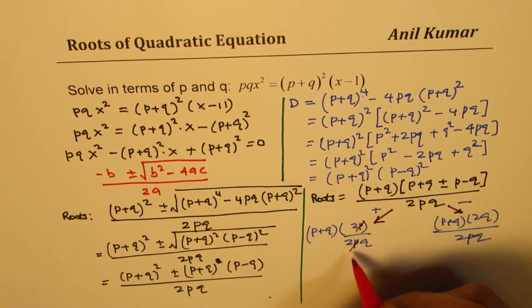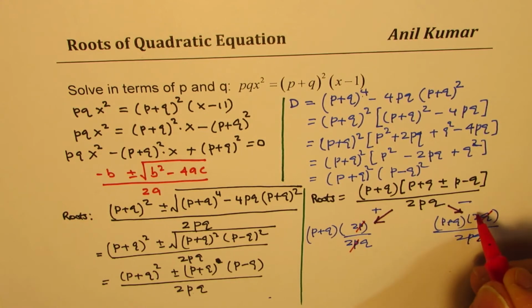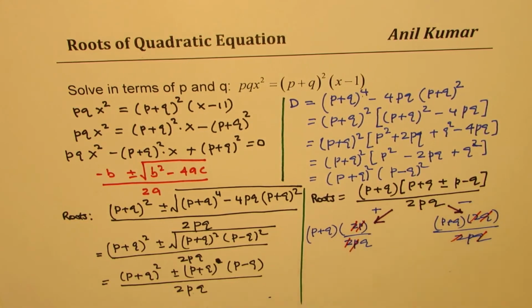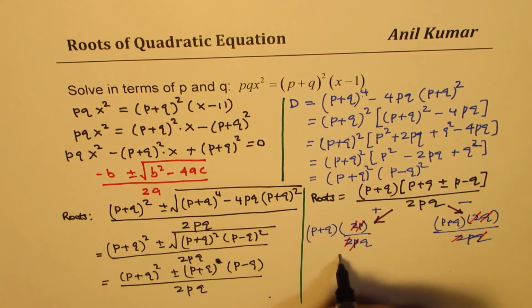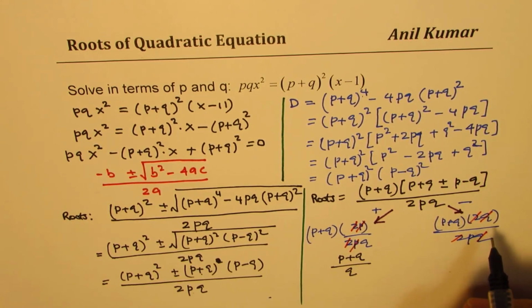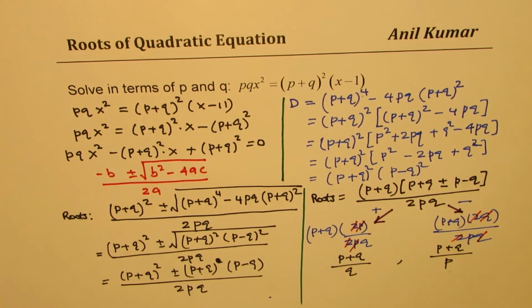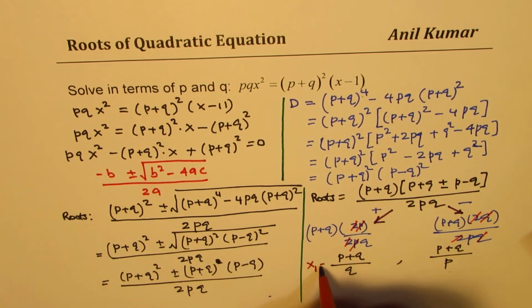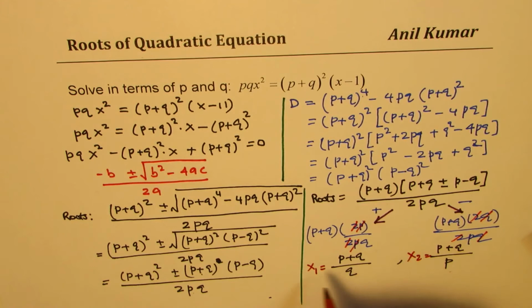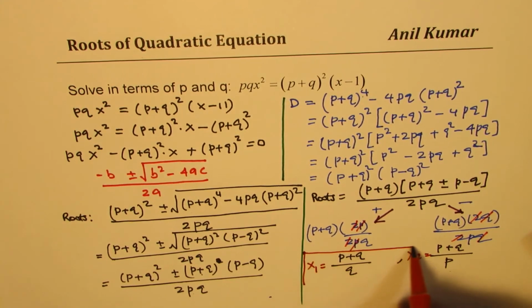In this case P gets cancelled, in this case Q gets cancelled, and 2 also. So we get our roots. The roots are (P+Q)/Q and here we get (P+Q)/P. So these are the two roots. You get the idea. So that is how we could actually solve this particular equation. It has two roots, let's say x1 equals this, x2 equals that. Does it make sense to you?